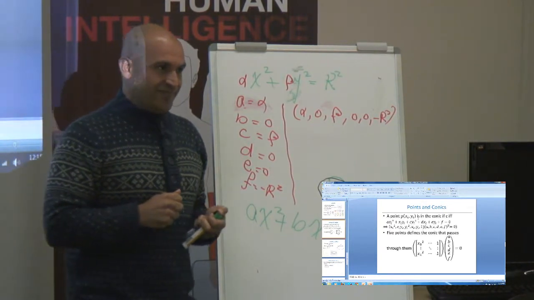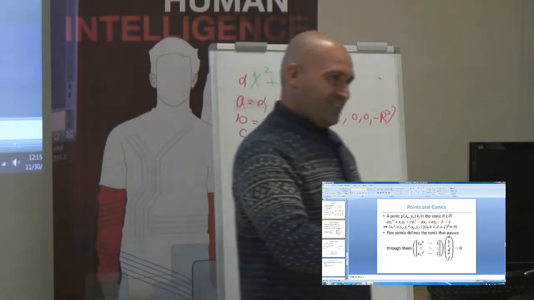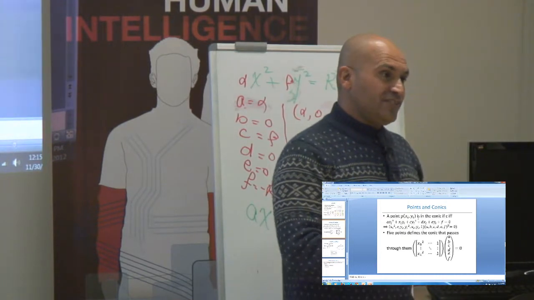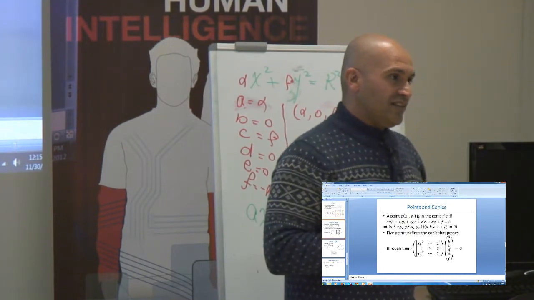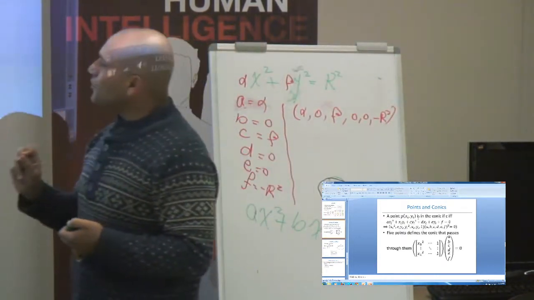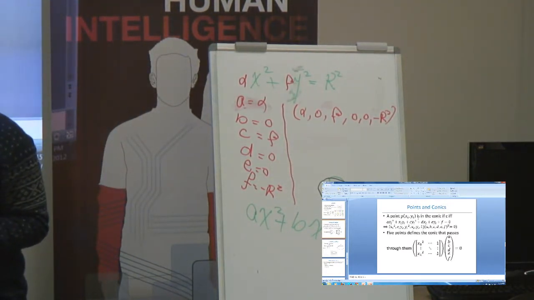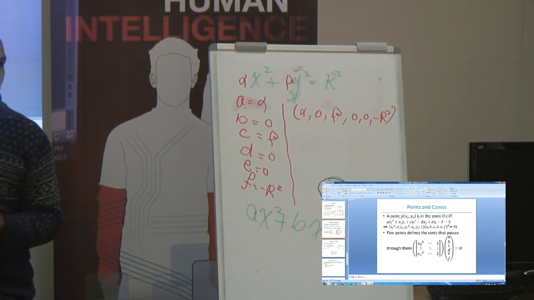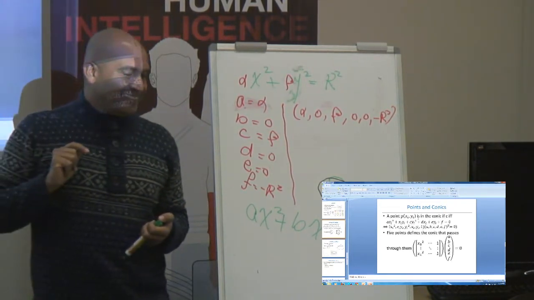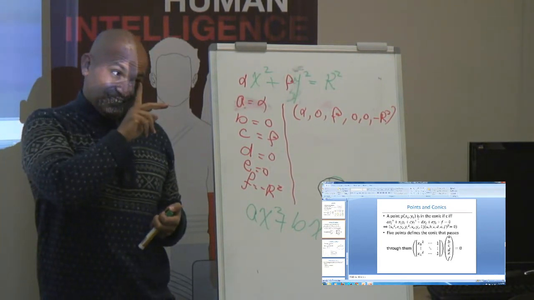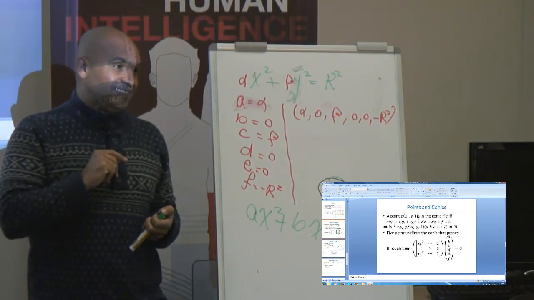5 points in R6? No, 5 points in 2D. Every point will give us an equation exactly like we have there: x0 squared plus x0 y0 plus. Yeah, I mean 5 points inside a space of 6 dimensions.